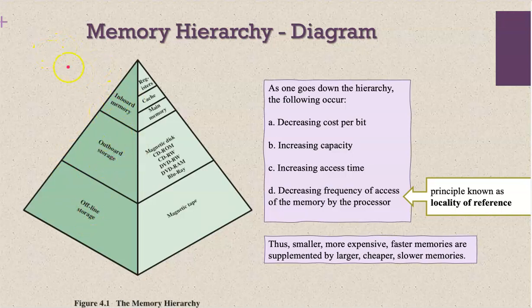So this one, very, very frequent. The processor with the outboard storage, less frequent. And then this is super less frequent. So this is what it means by decreasing frequency of access. Everything goes through the first layer, second layer, and third layer. But I wouldn't call it layer. Let's just call it hierarchy.